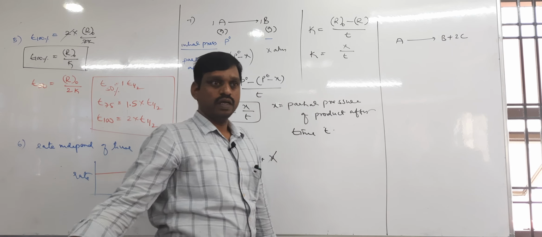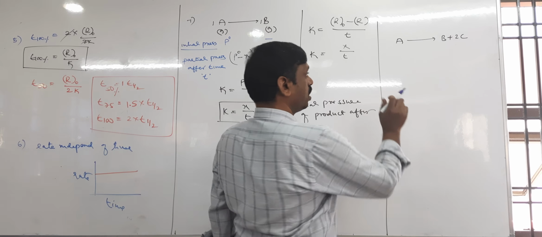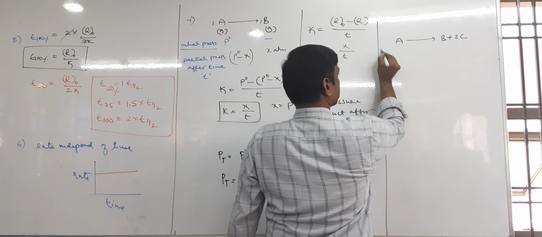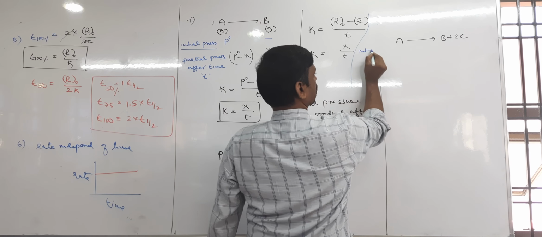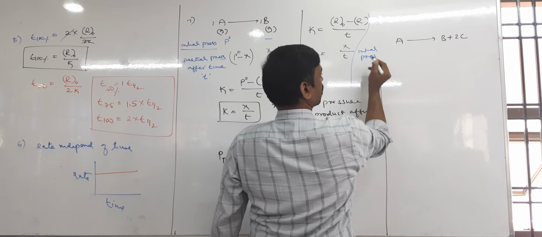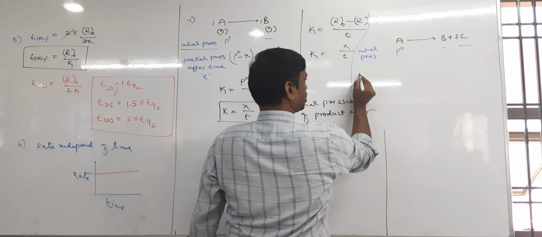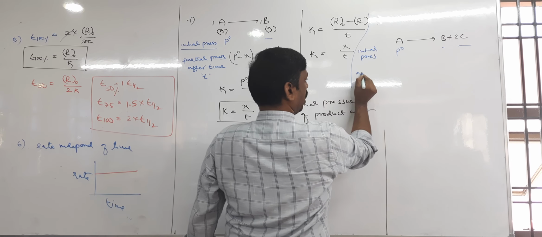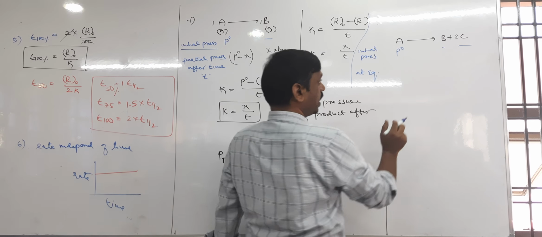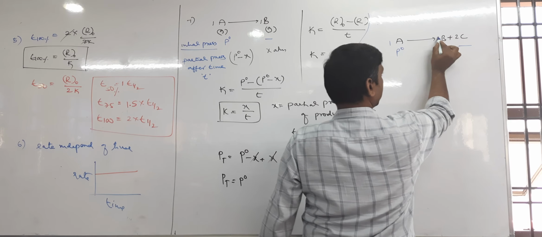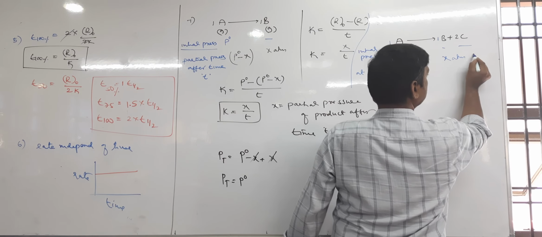Let the initial pressure be P naught, and 0, 0 for the products. Let the pressure of B at a later time be x atm. If it is x atm, what does the pressure of C become?